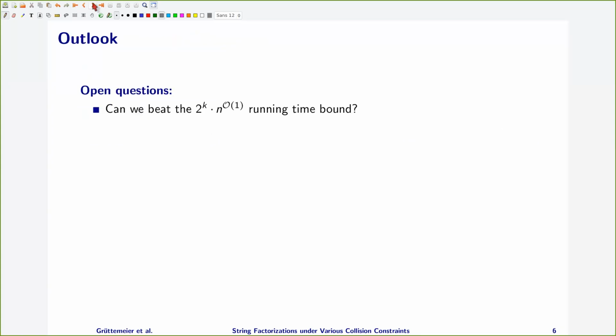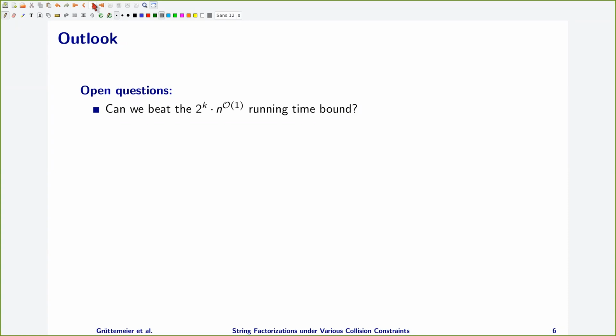And so let me conclude with some questions for future work. We would like to beat this running time bound, not because it's so bad. This should be good enough for applications actually, but to beat this time bound, you would really need to go into the string structure of the problem, right?